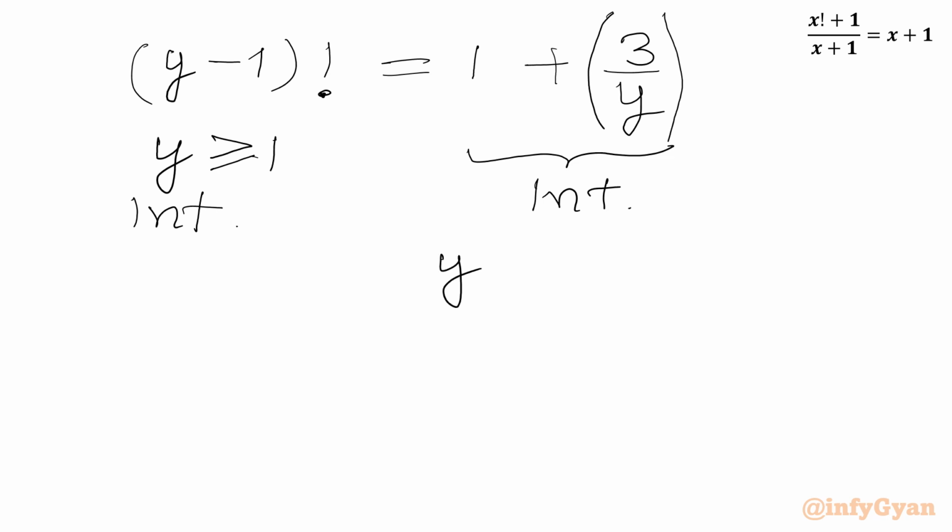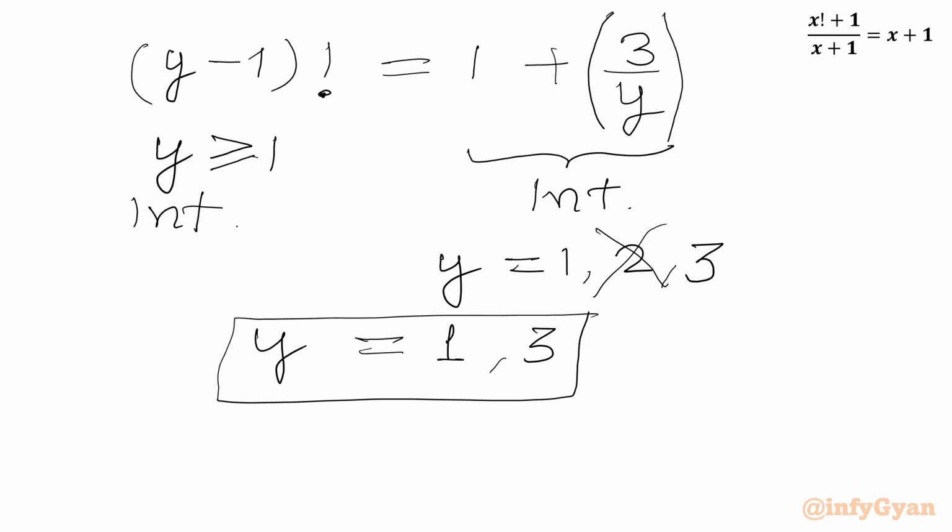So y will be equal to 1, 2, 3. y cannot exceed 3 as it will generate a fraction. y cannot be equal to 2 also, as it will generate a non-integer RHS. So the accepted y value will be 1 or 3.